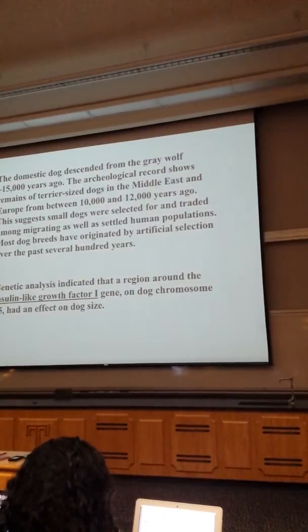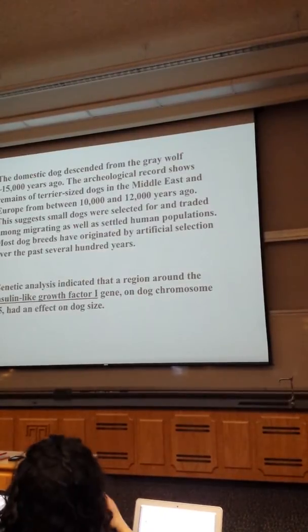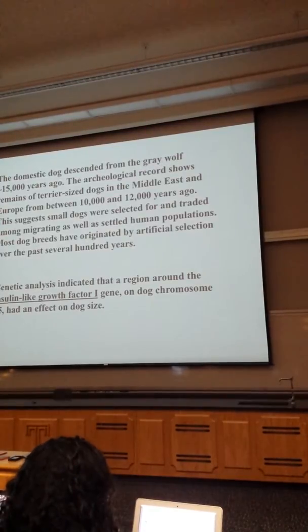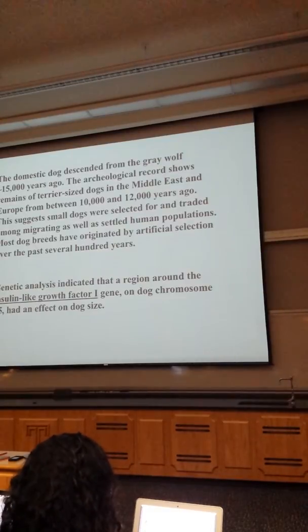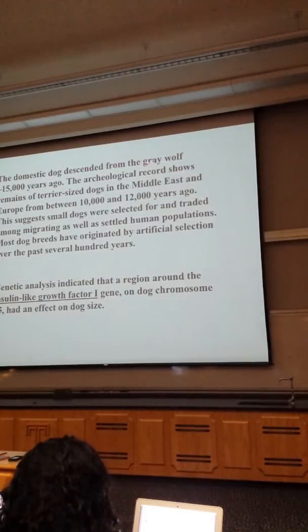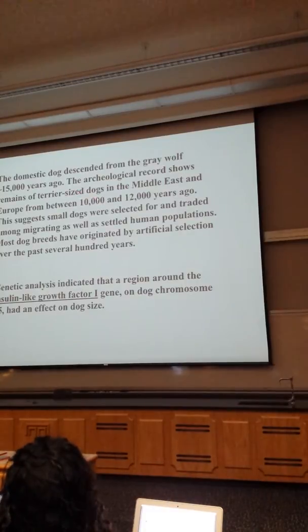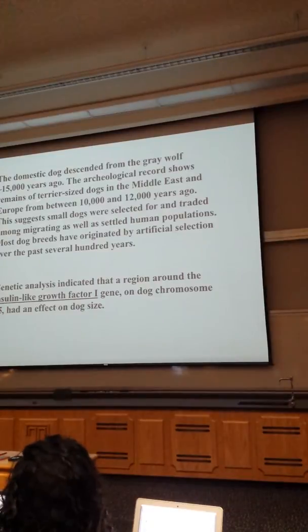So the domestic dog, as we know it, actually descended from the gray wolf only about 15,000 years ago. And it's known that in the 5,000 years from the time that the domestic dog was descended from the gray wolf, even to graves in the Middle East and Europe, about 10 to 12,000 years ago, by that time, small terrier-sized dogs were appearing.